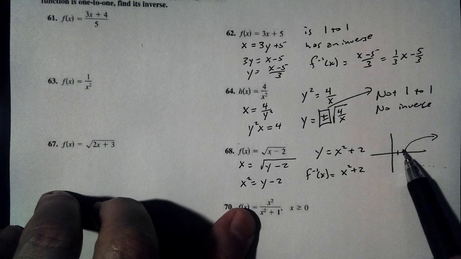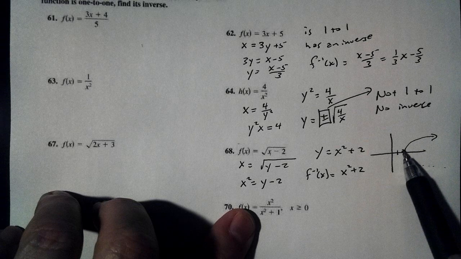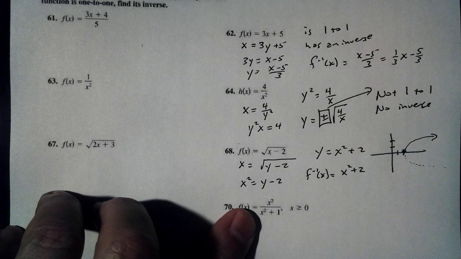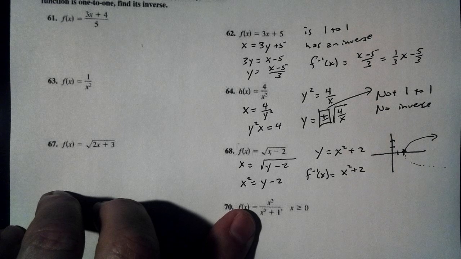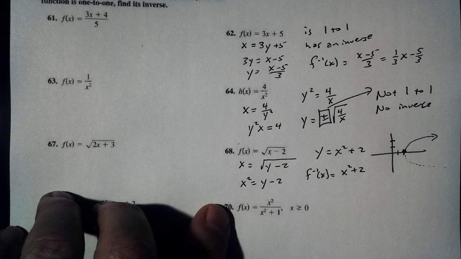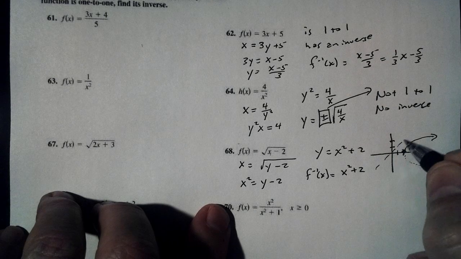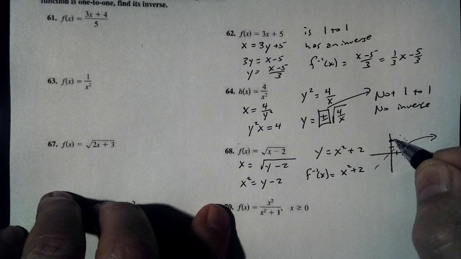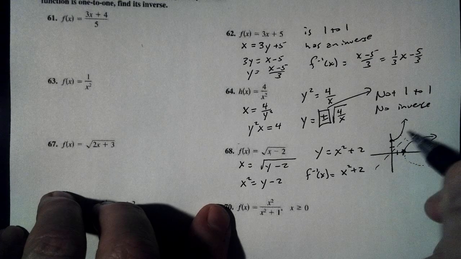However, we're only looking at the top. For the inverse function of it, the inverse function would look like this. This is the sneaky part that I said we're going to talk about later, and we're definitely going to get into it in number 78. If I looked at the inverse function of this, this would reflect over to here, this would reflect up into here somewhere, and we'd have that.